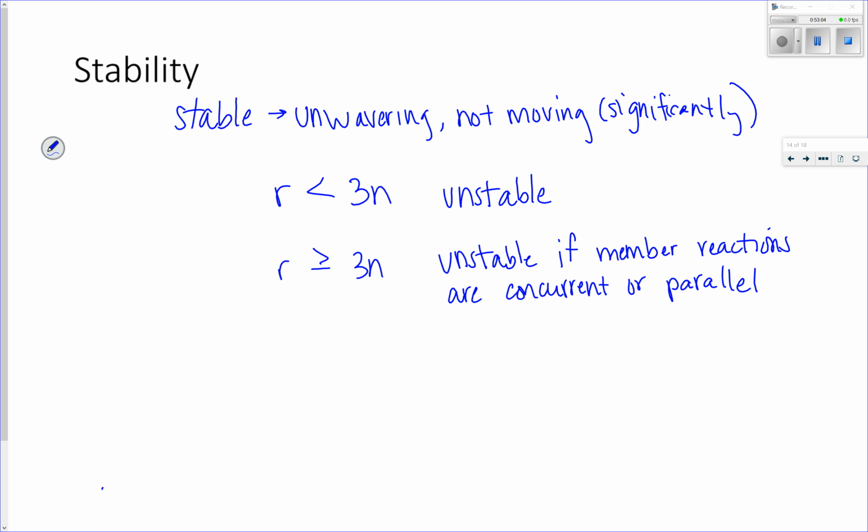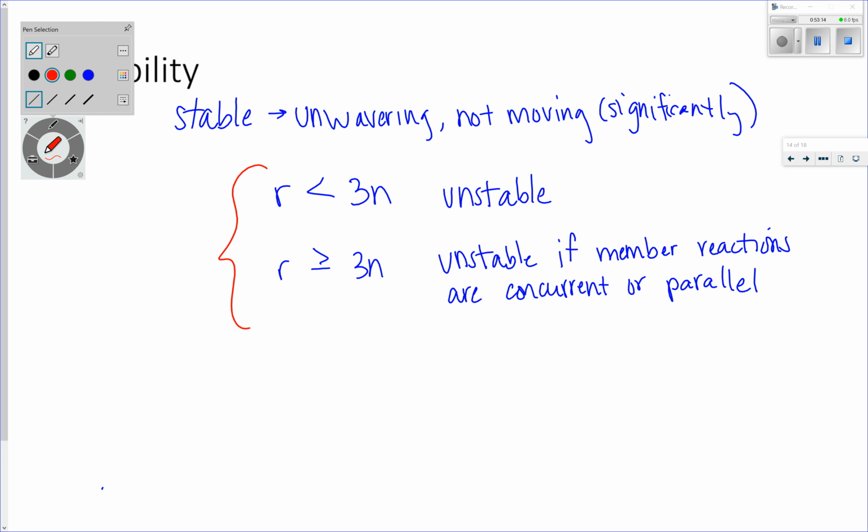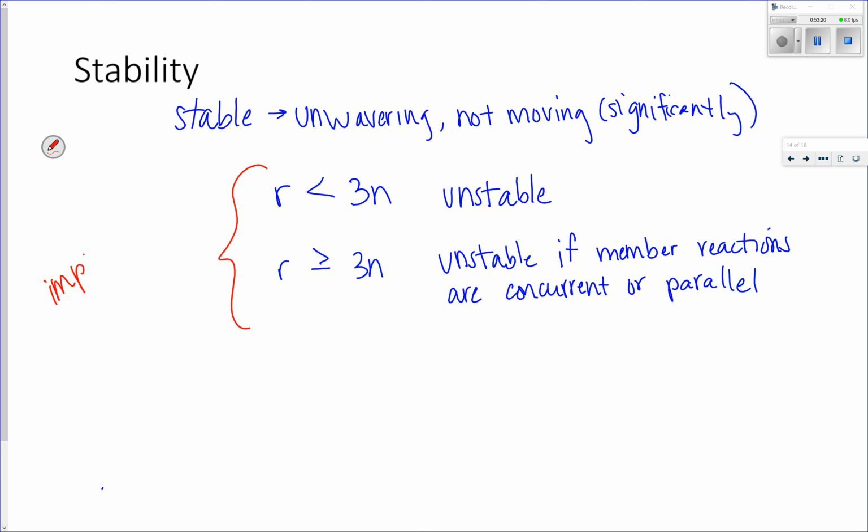So if either of these situations exist, if you don't have enough reactions or all of your reactions are concurrent or parallel, this means that your structure is improperly constrained and it's unstable.